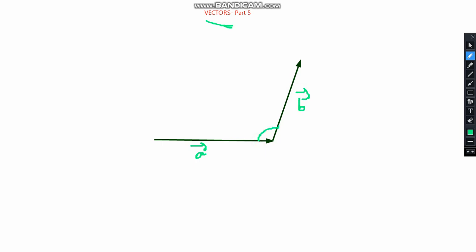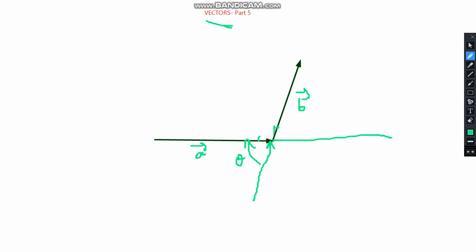Do you think it is this angle? No. The angle between A and B is the angle which the A vector has to turn to align with the B vector. This is the exact angle between the A and B vectors.